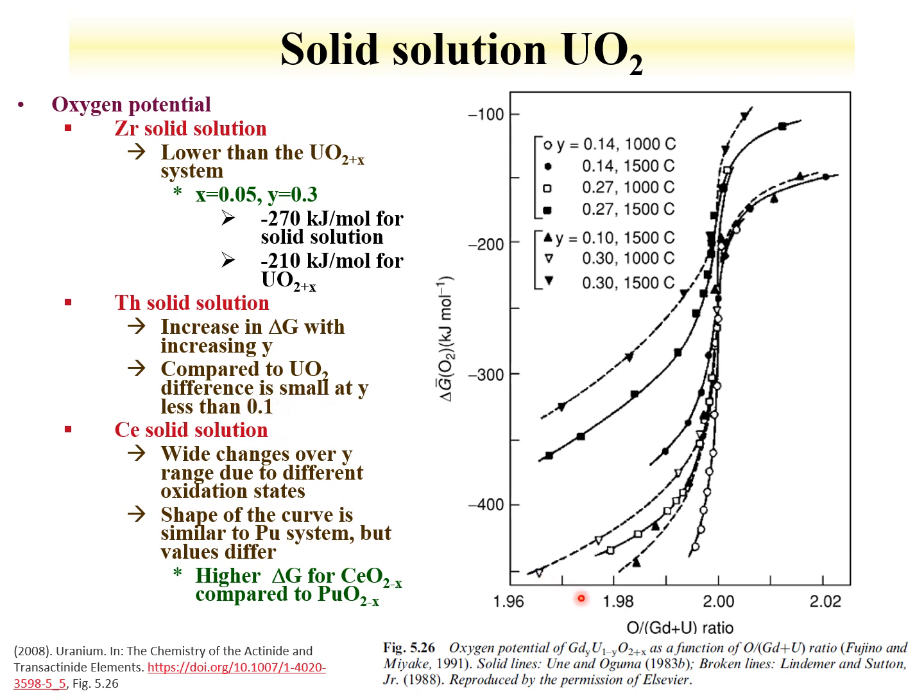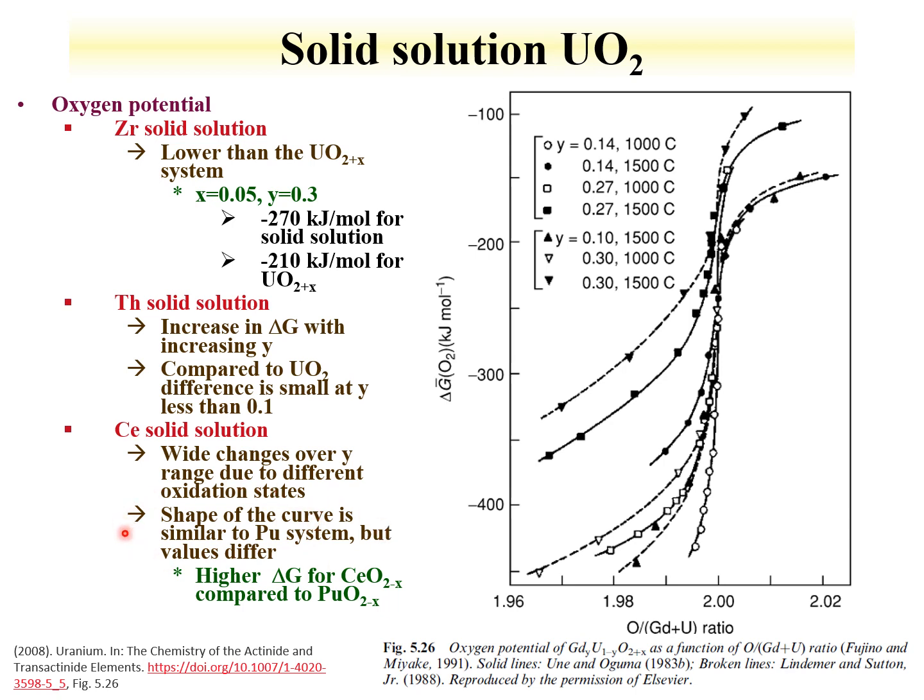And then here's an example of the data for the gadolinium system. As we see, as a function of Y and temperature, you can determine the ratio of oxygen to gadolinium plus uranium through the Gibbs free energy. Cerium has also been studied.